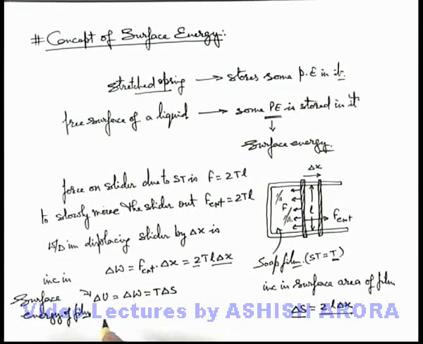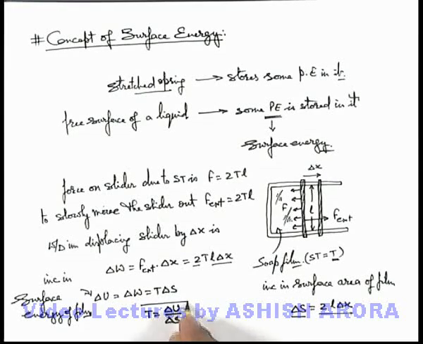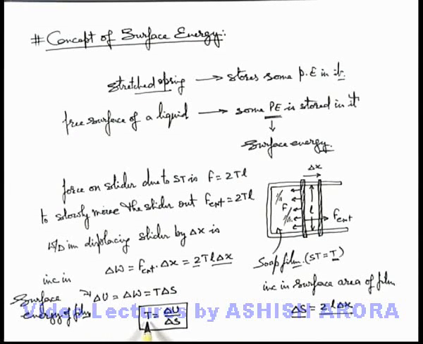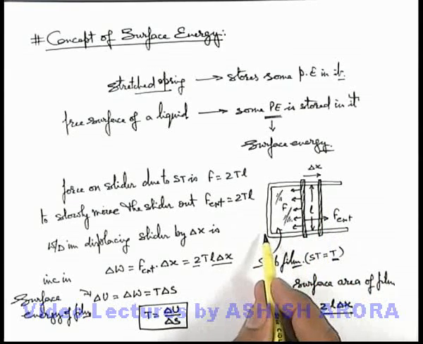If we rearrange this expression, we can write T as delta U by delta S, which gives us an idea about the numerical value of surface tension as surface energy per unit area, because here the increase in area is delta S and the increase in surface energy is delta U. That means this delta U energy is being stored in this much area, as the whole film is uniform.